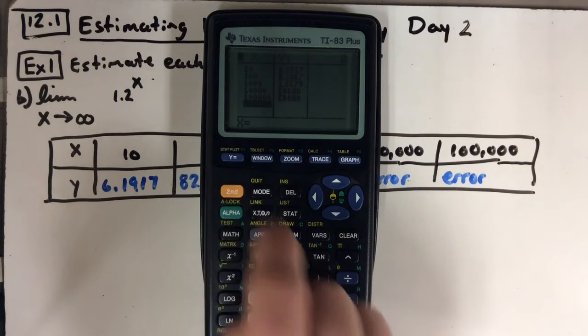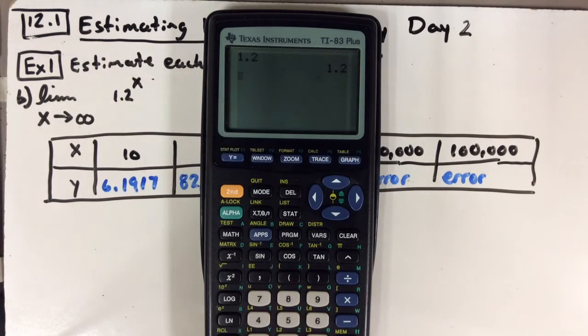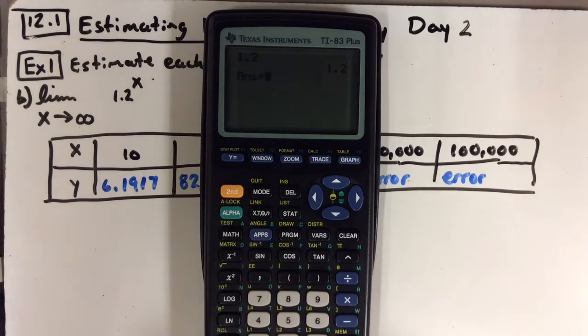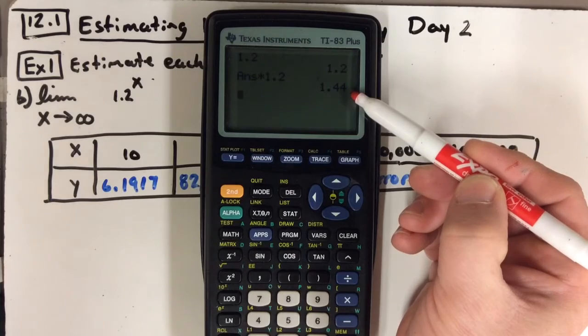Let me go out to the main calculations screen, and if I type in 1.2 and hit enter, the calculator now remembers that 1.2 is the last answer. What I'd like to do next is take that last answer and multiply it by 1.2. So this is 1.2 times another 1.2, which is 1.2 to the second.